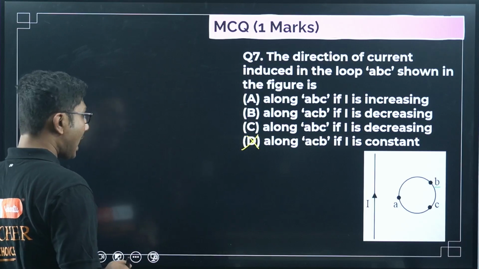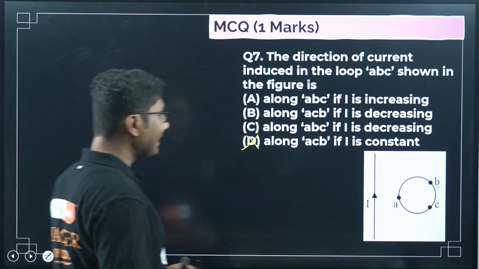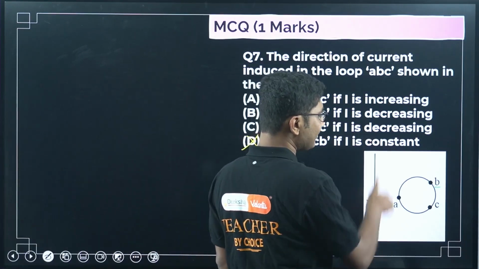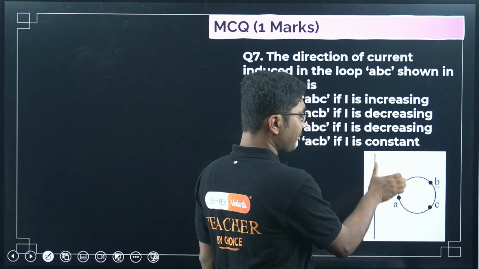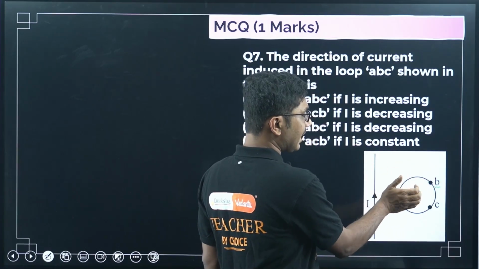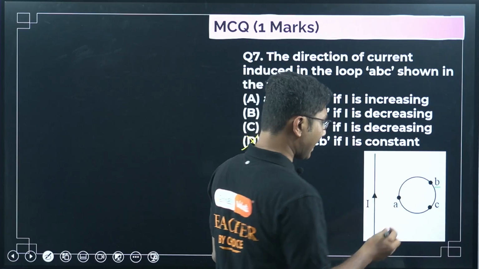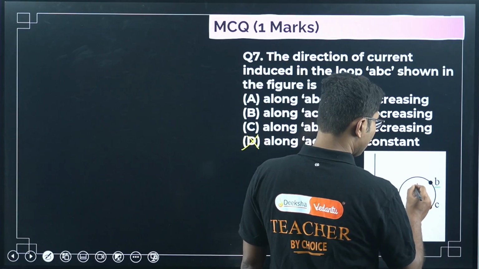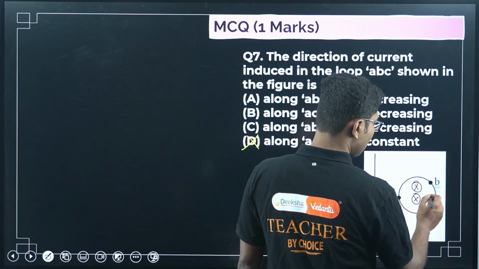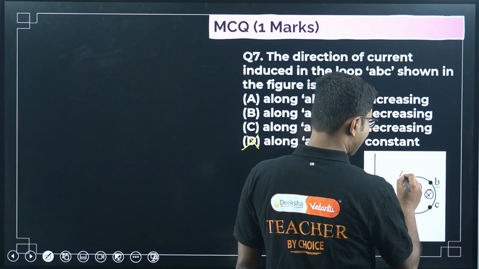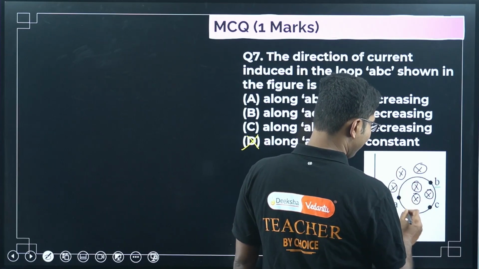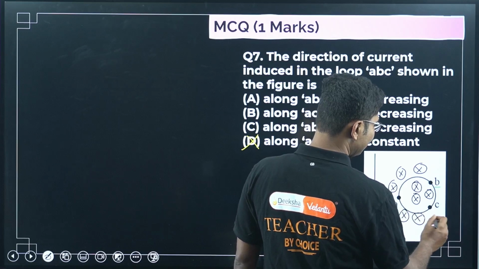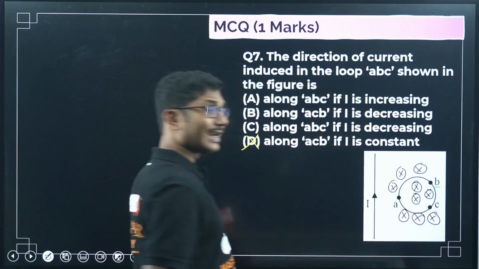Now let us see how the magnetic field is changing. In this case current is flowing in this direction, so you have to put your thumb along the direction of current, then your fingers will point along the magnetic field, which is into the paper. Into the paper is denoted by a cross, right? We know that. Now if the magnetic field is into the paper, then how will it change?